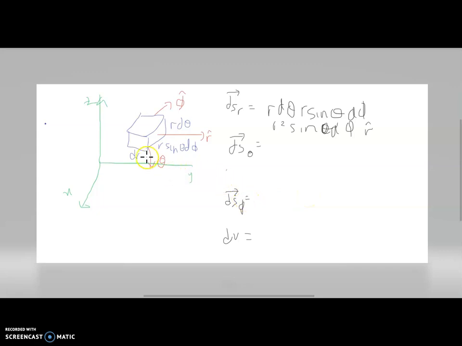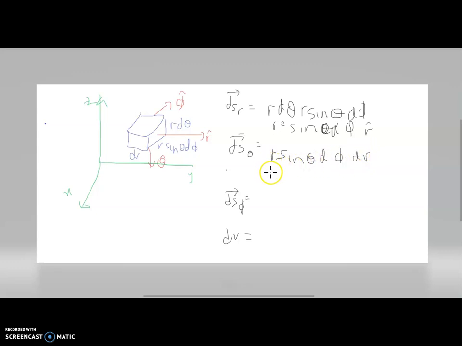Here, for the differential normal surface in the theta direction, you know it's dr times r sine theta d phi.